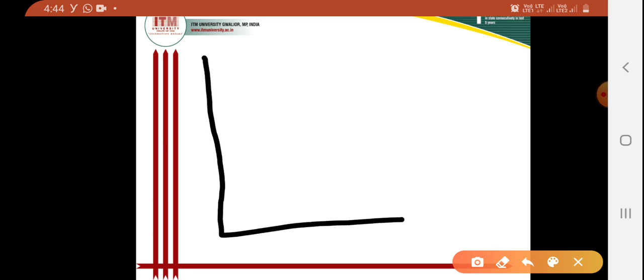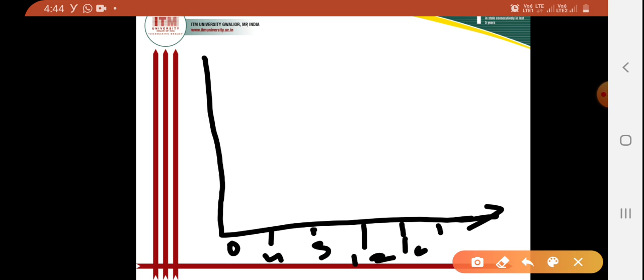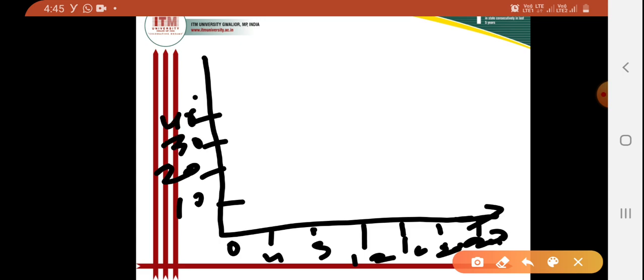So this is 0, 4, 8, 12, 16, 20 and 24. Here I can write 10, 20, 30, 40, 50 and 60. All are in megawatt, the load is in megawatt, and this is time in hours.